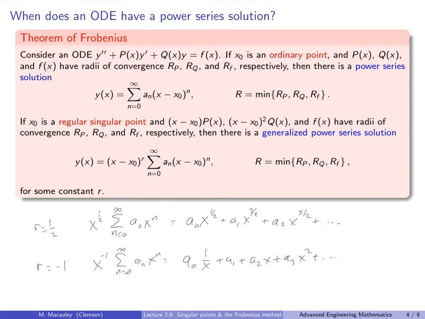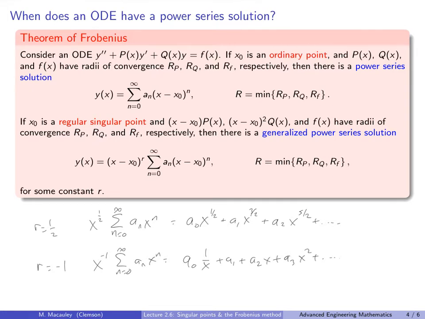And to summarize this, if we have an ordinary point, we have a power series solution. If we have a regular singular point, we have a generalized power series solution. If we have an irregular singular point, all bets are off. We aren't guaranteed anything. And notice this is not saying there are 2 generalized power series solutions. This is saying there is one.